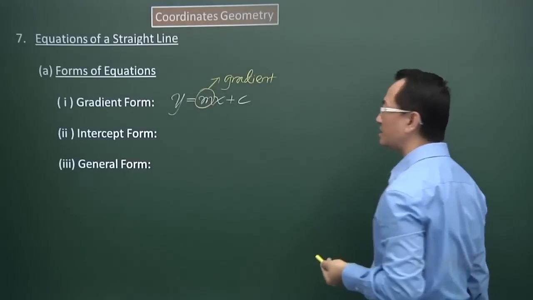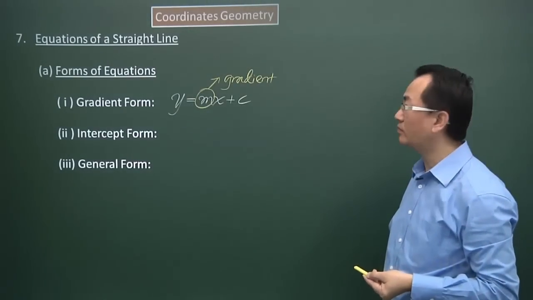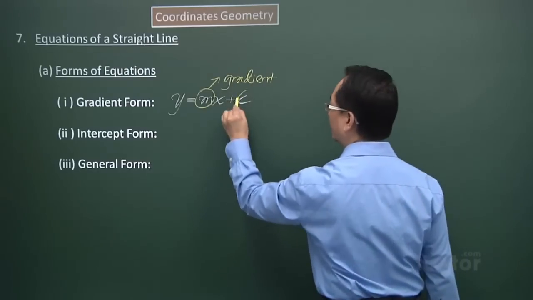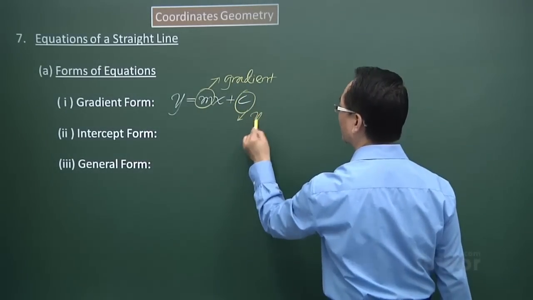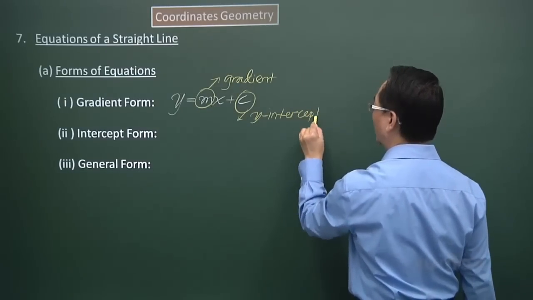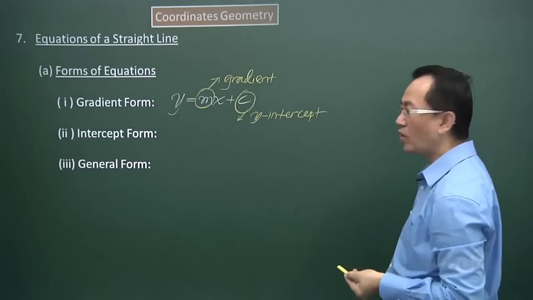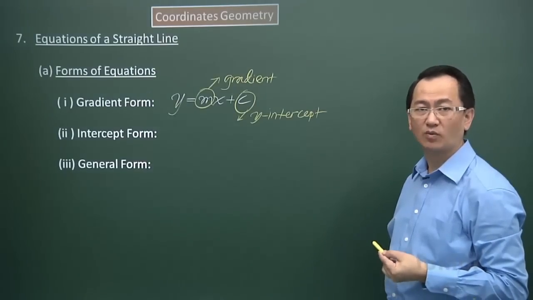Gradient simply means the measure of the steepness of the slope. And c is just the y-intercept. This is the point where the straight line cuts the y-axis.